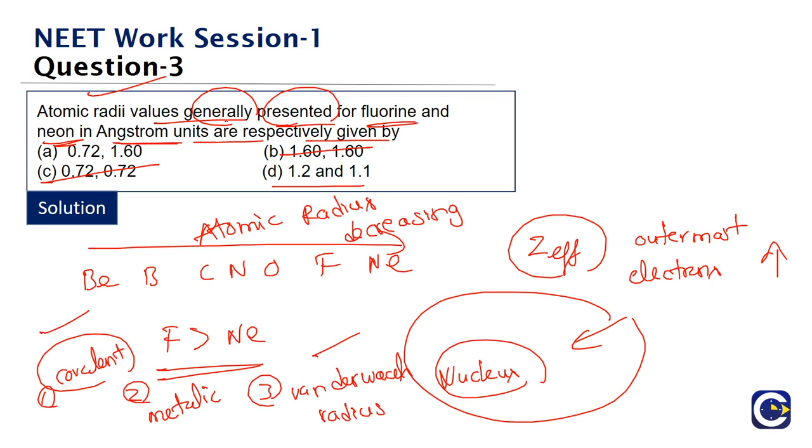So when the atomic radius values are presented, for neon the value given is the van der Waals radius, and the van der Waals radius values will be generally very high in comparison to the covalent radius values. That is the reason why, whenever we look at any period, we see that abnormally the inert gas element should have the minimum radius.